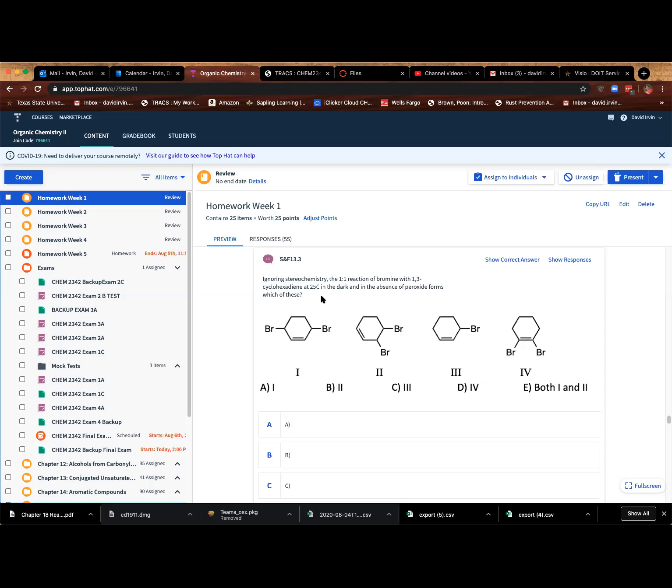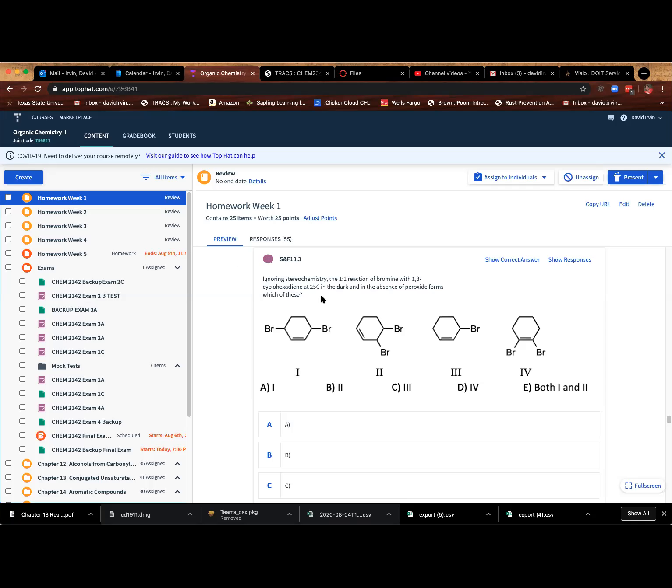The first thing we see is that it's a conjugated diene, so that tells us right away that when we add something to it, we have an opportunity for a 1,2 addition or a 1,4 addition. We also noted it's bromine, which means we're going to add a total of 2 bromines to the system, one on the 1 position and then one on the 2 or the 4 position, because those are the possible options here.